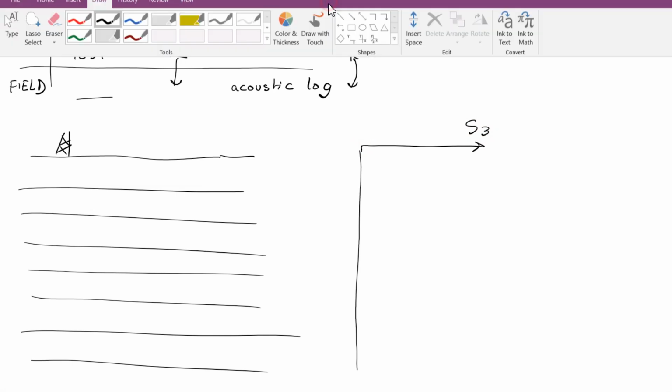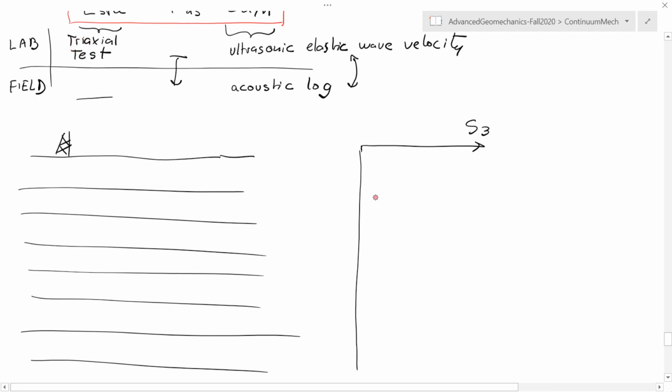For example, for this made-up case, let's assume that it looks more or less like this, and then I get to a region where the horizontal stress is significantly lower. Here I'm looking just at an interval at a given depth, so this horizontal stress is not increasing with depth.